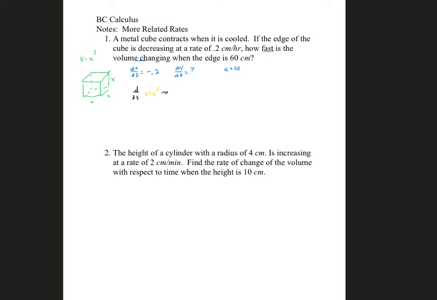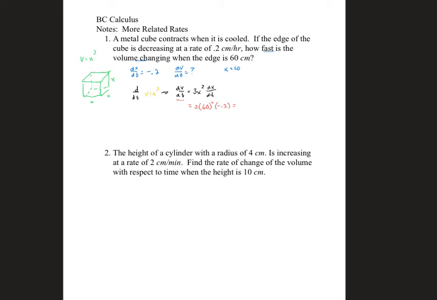That gives us dv dt, and using our chain rule we'll get 3x squared times the derivative of the inside function, dx dt. We know dv dt is what we're looking for, the value of x is 60, and dx dt is negative 0.2.